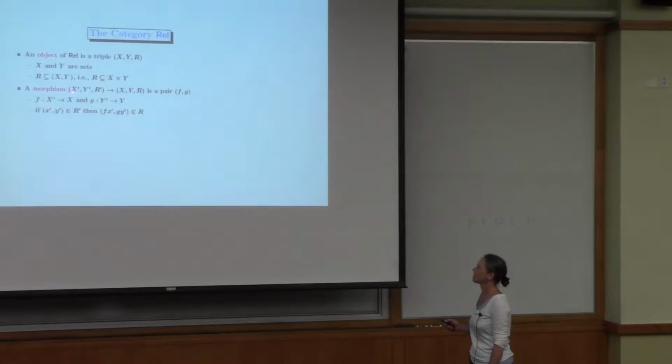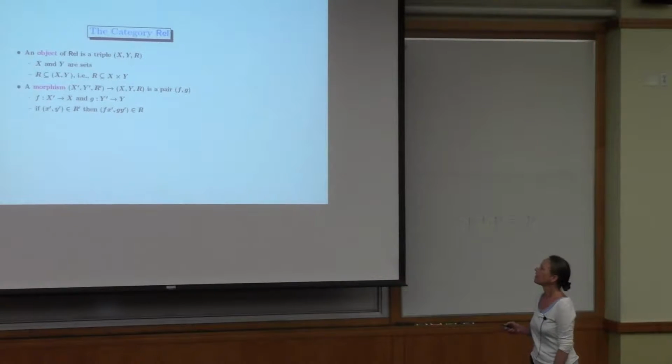So I'm going to map X prime to X using an F, and I'm going to go between the Ys, Y prime to Y, using G. But I'm not going to take any pair of maps. I'm going to take the maps that map things that are in R prime to things that are in R. So it's a pair of maps, but I want to map related things to related things.